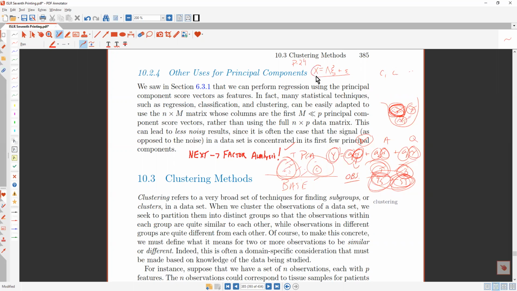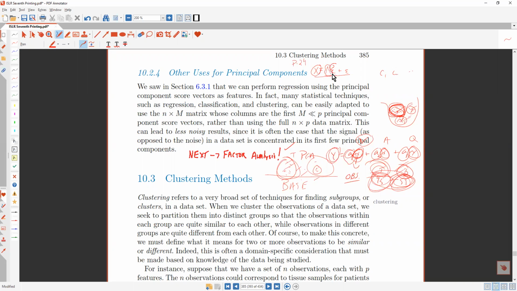X is observed, right? These were the observed variables here in the PCA. The factor analysis model hypothesizes that X is a function of unobserved variables with particular weights.